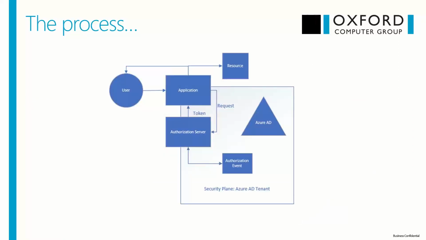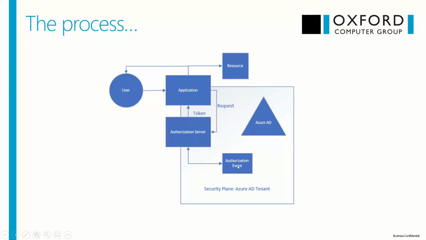Here's a diagram of that process, a little block diagram that shows Azure and an application that's registered in Azure. You can see here that the user is trying to access this application. The application then sends its request to the authorization server, which does an authorization event, whatever it needs to do. If you don't have a token in your browser, then it's going to prompt you for a login.